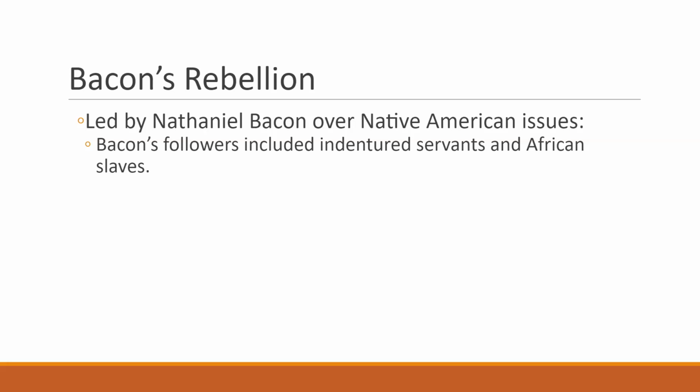Now, eventually the rebellion puttered out on its own. Bacon went into hiding in the swamps of Virginia, became ill, and died from dysentery. So the rebellion really put itself out.